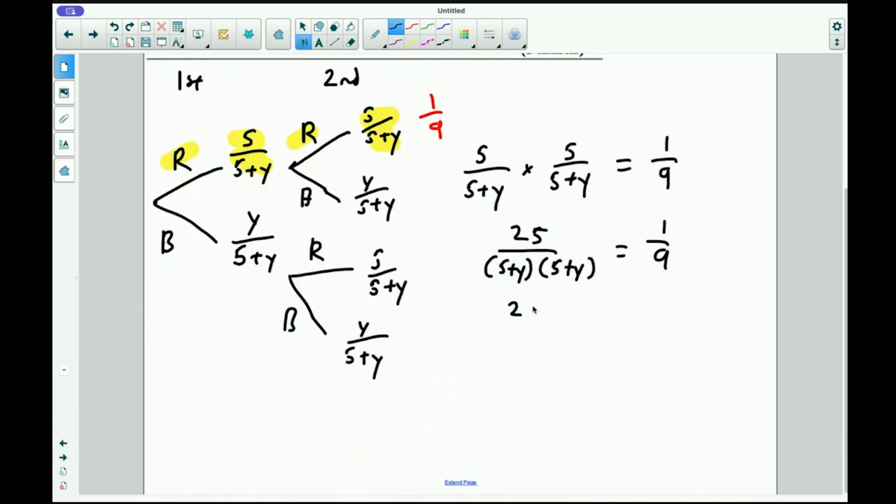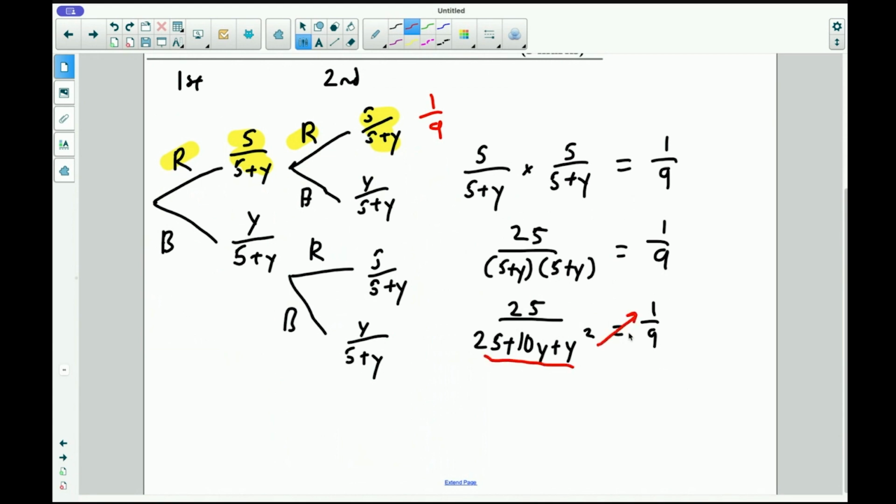And again, we're just combining so many different topics. So I actually quite like this question. 5 plus y times 5 plus y gives me 25 plus 10y plus y squared, which is equal to 1 over 9. And again, just like in the previous question, I'm going to cross multiply.